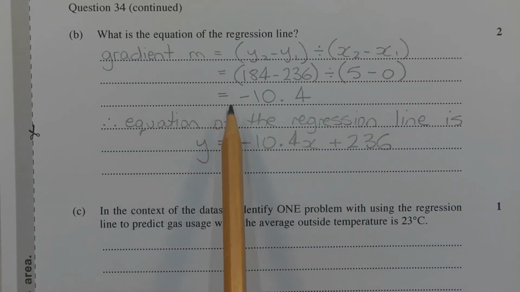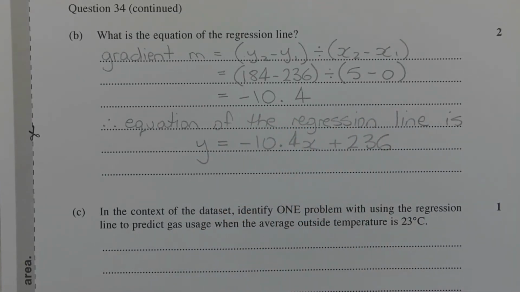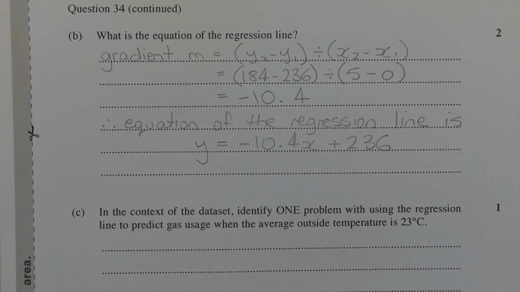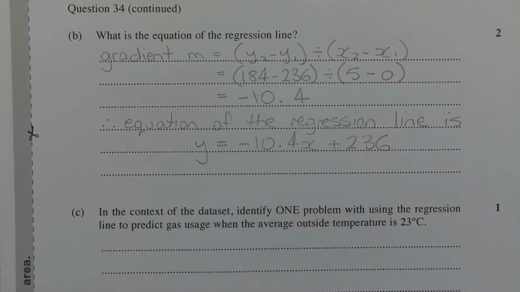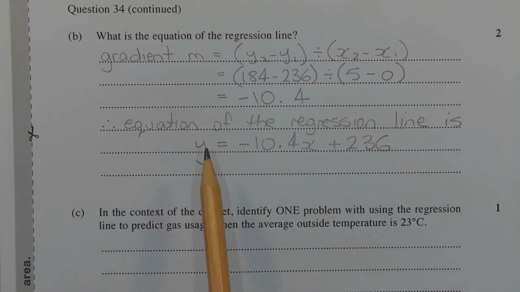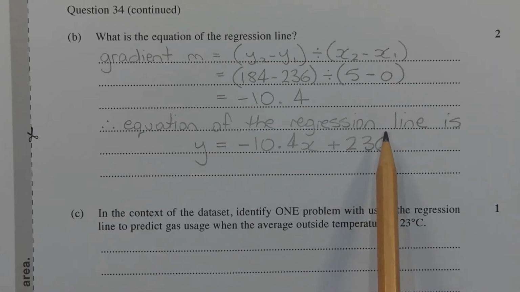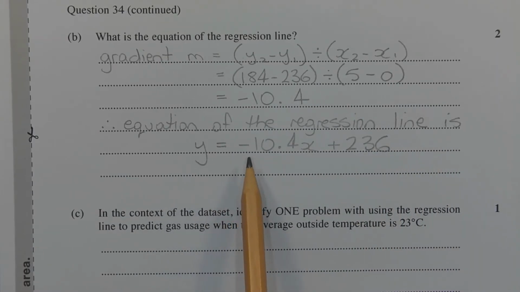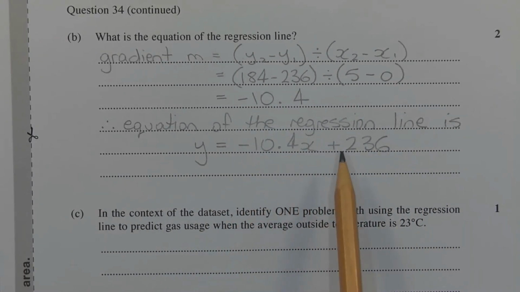And that evaluates to negative 10.4. So putting that all together, now that we know the gradient and we know the y-intercept, putting it in the form y equals mx plus c, the equation of the regression line is y equals negative 10.4x plus 236.